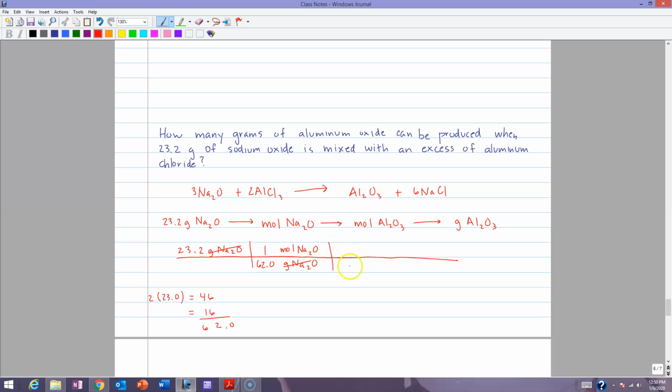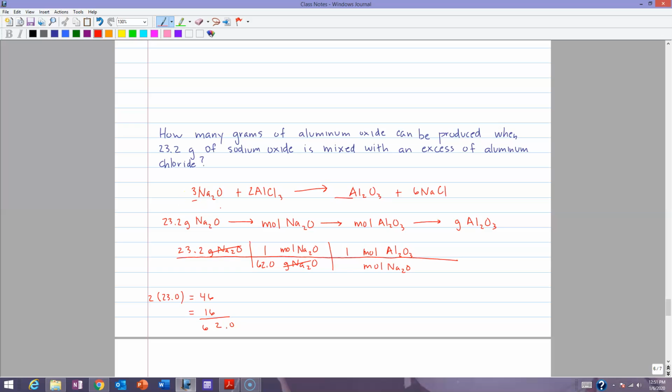Now, I can go from my known to my unknown, my given to my unknown. And I'm going to do that by doing moles of sodium oxide to moles of aluminum chloride. Sorry, of aluminum oxide. No number in front of aluminum oxide, so that's a 1.